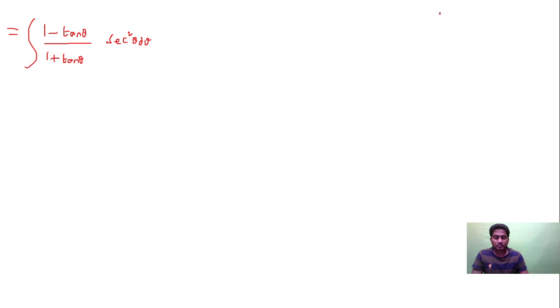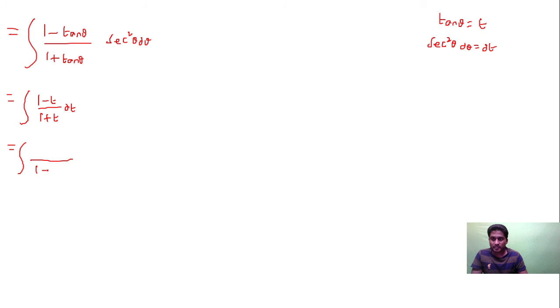Now what I'll do is put tan theta equal to t. So sec square theta d theta is equal to dt. So integration of 1 minus t upon 1 plus t dt. Follow carefully. Denominator is 1 plus t, right?